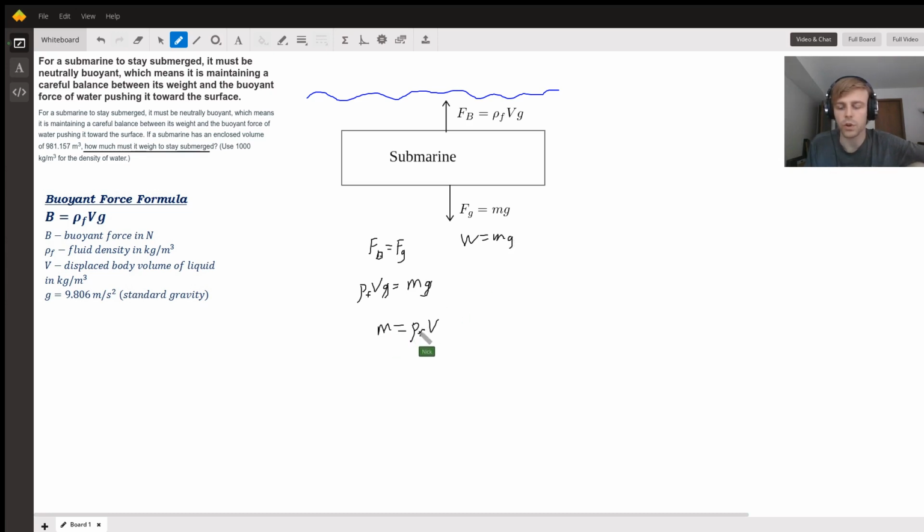The question is, do we know rho and do we know V? Well, rho is 1,000 kilograms per meter cubed because that is the density of water. And the enclosed volume V is in cubic meters, which means we're using standard SI, so that's good.